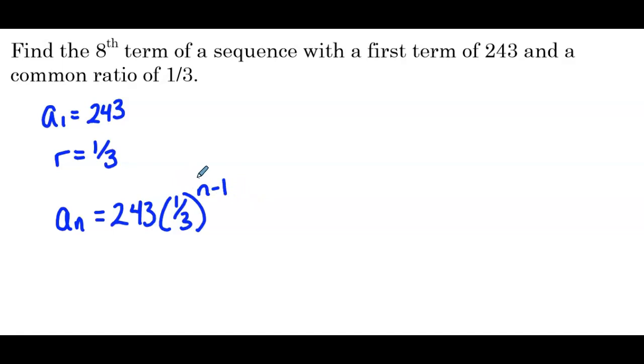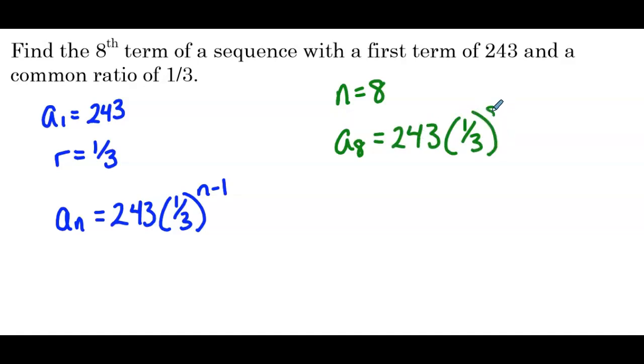Shift everything 1 to the right so that this is the first term. And then we're going to use this to find the eighth term, so that's n equals 8. So a sub 8 equals 243 times 1/3 to the 8 minus 1. So we have a sub 8 equals 243 times 1/3 to the 7th.